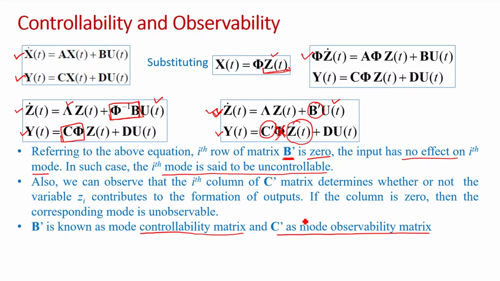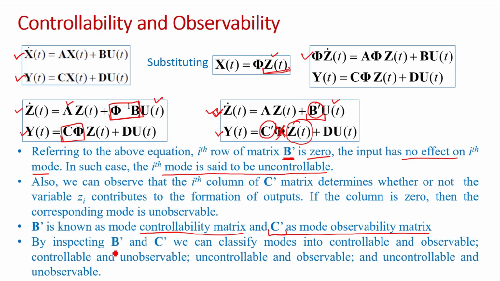B dash decides whether a particular mode is controllable or not, and C dash decides the observability of the different modes in the output, right? So by inspecting B dash and C dash, we can classify modes into controllable and observable, controllable and unobservable, uncontrollable and observable, and uncontrollable and unobservable. Therefore, we can divide the modes into four categories.